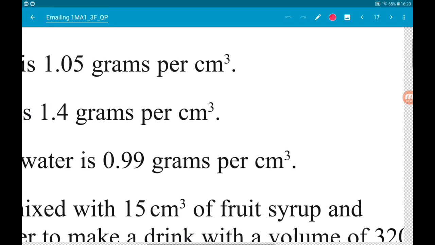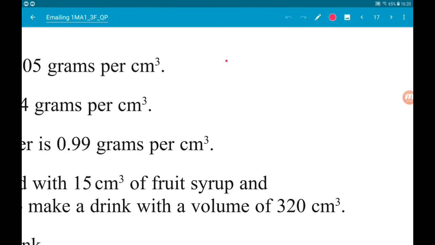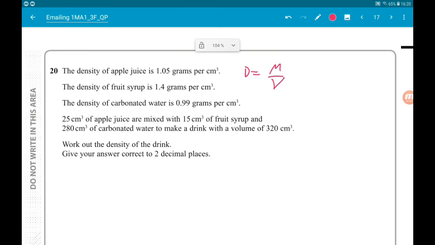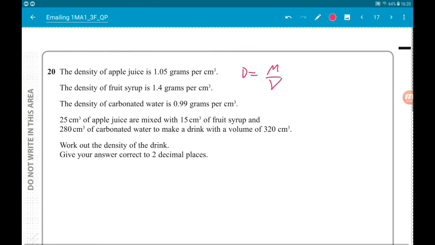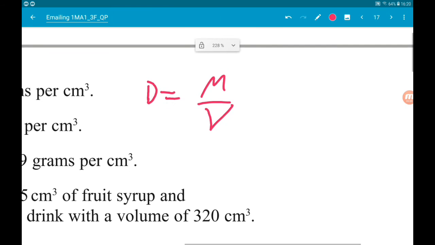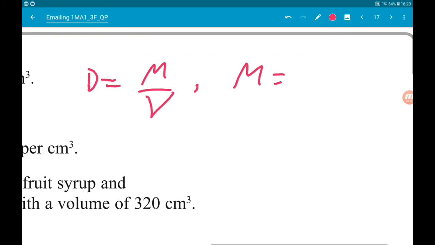So density is mass over volume. Now what we're going to need to work out for the whole drink is the total mass, because we already know the volume, 320. So from this formula, if we multiply through by volume, we get mass is density times volume.